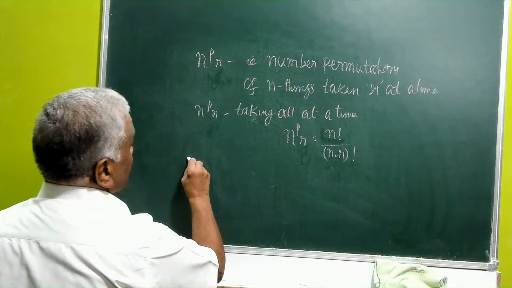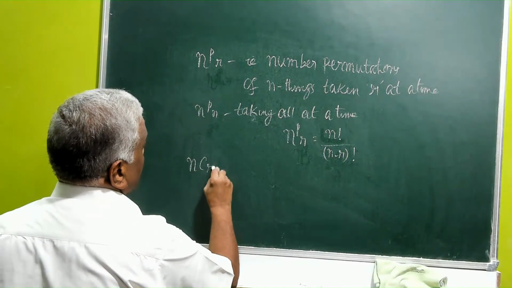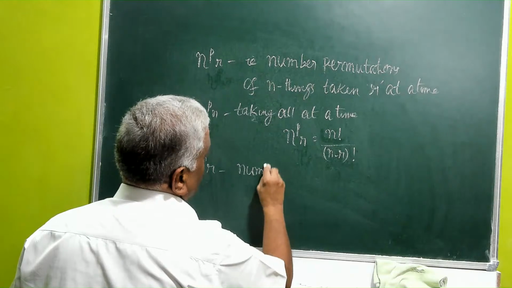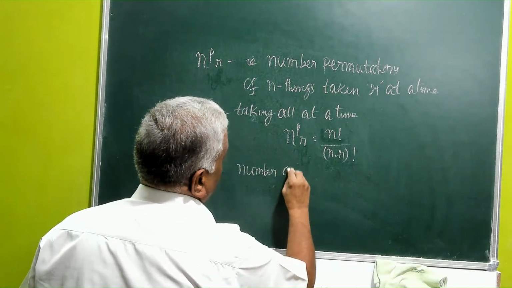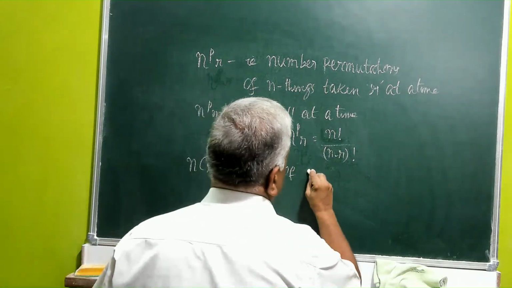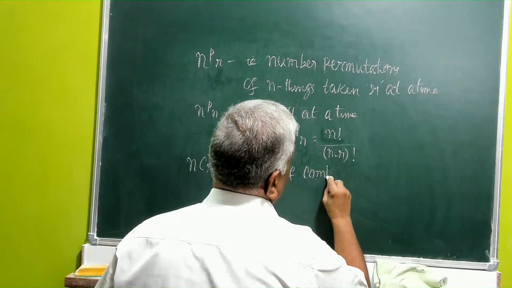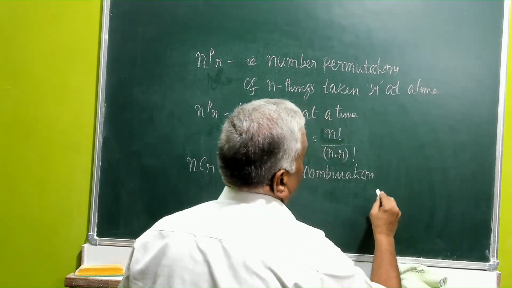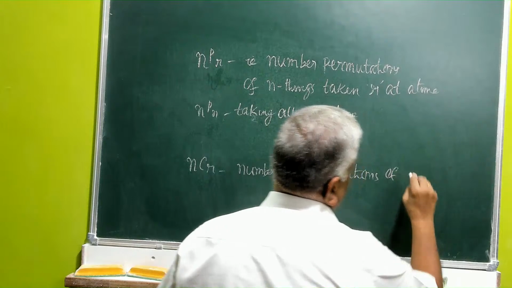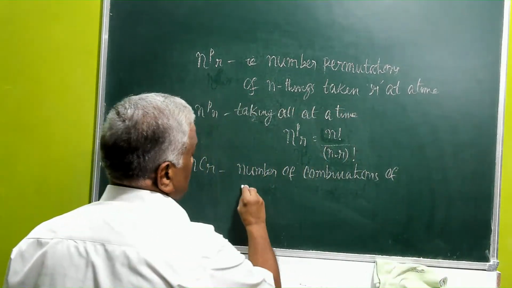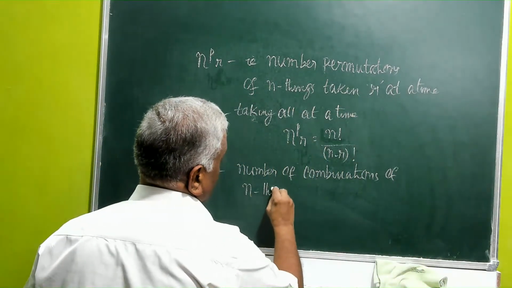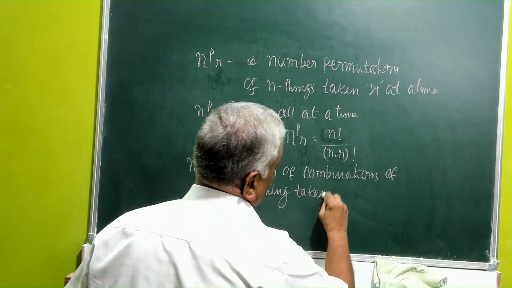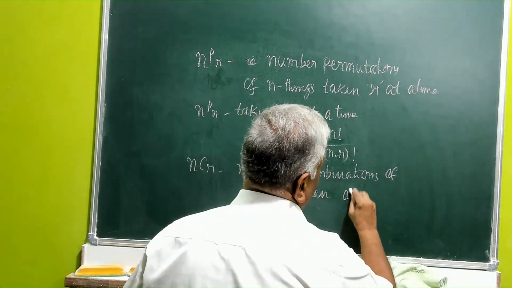Then we have got nCr. What is nCr? Number of combinations of n things taken r at a time.